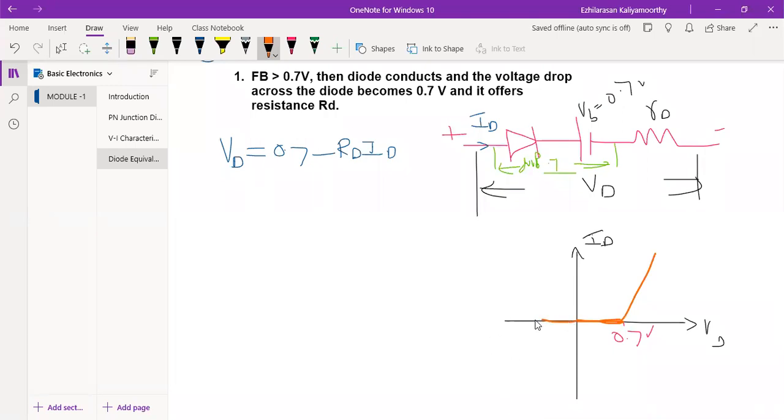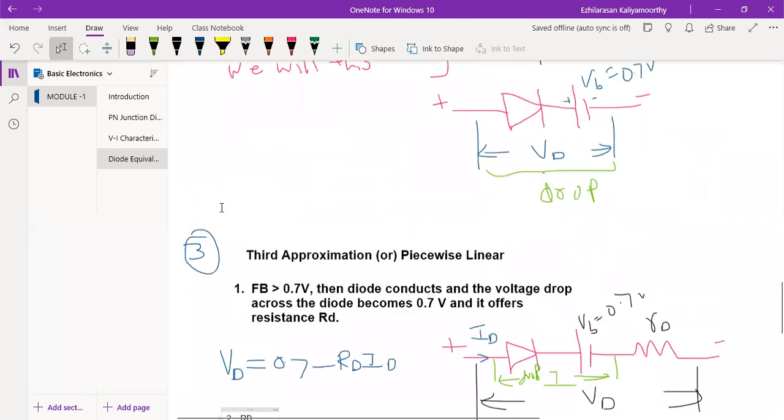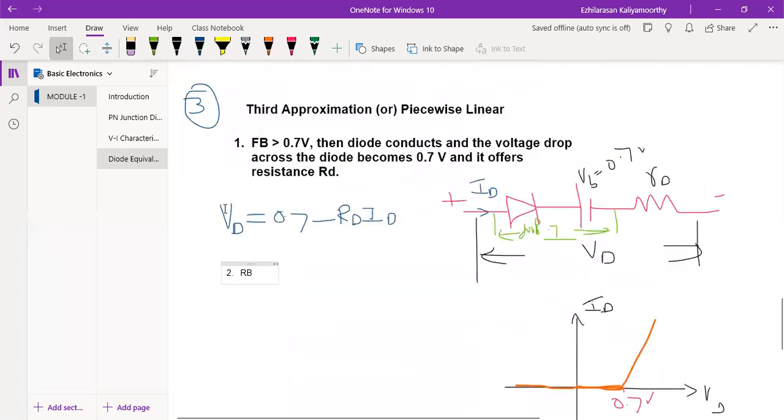Then here, during reverse bias, it offers infinite resistance.